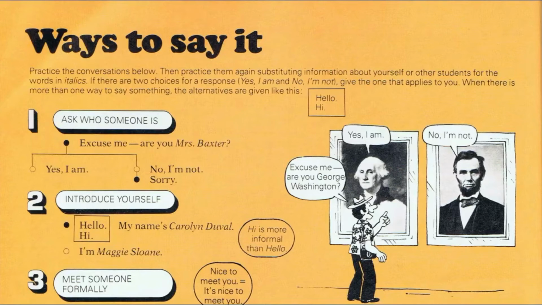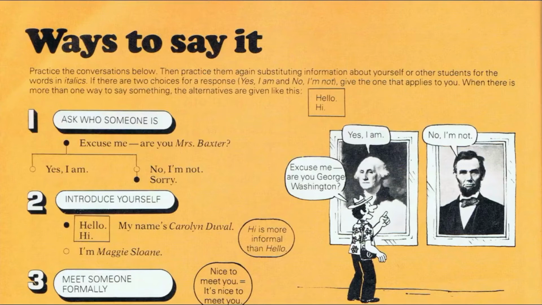Now we go to number 2, exercise 2. It says introduce yourself. In the box there are 2 options, a hello and hi. What does it mean? It means we can choose either of them. We can have 2 forms of conversation. We can either say, hello, my name's Carolyn Duval. The other person says, I'm Maggie Sloane.